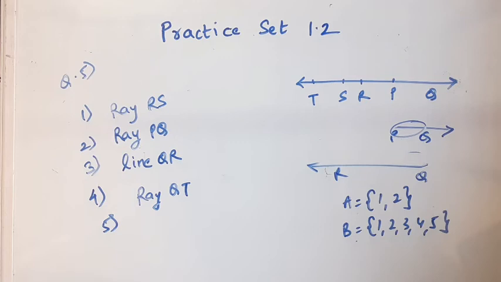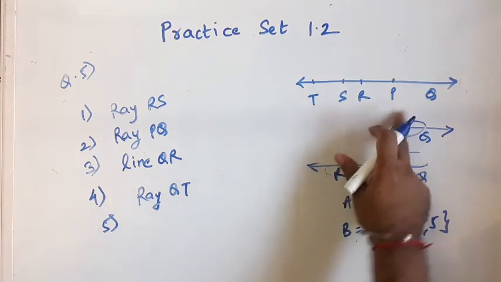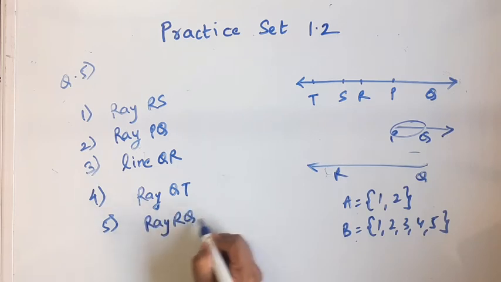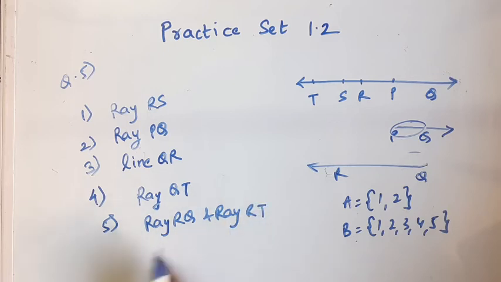Then the fifth one, write the pair of opposite rays with common endpoint R. So I will write ray RQ and ray RT. You can also write ray RP and ray RS. Both are correct.